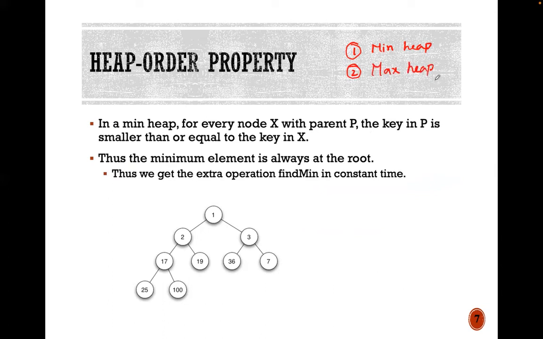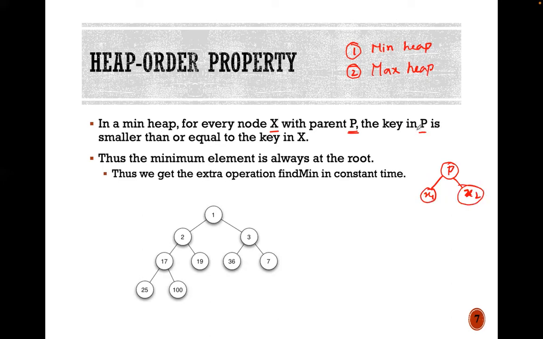Okay, so in a min heap, for every node x with parent p, the key in p is going to be smaller than or equal to the key in x. Say the parent value is p and p has two children, x1 and x2.